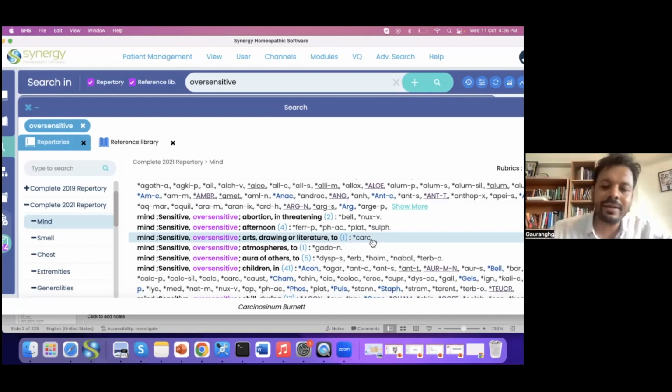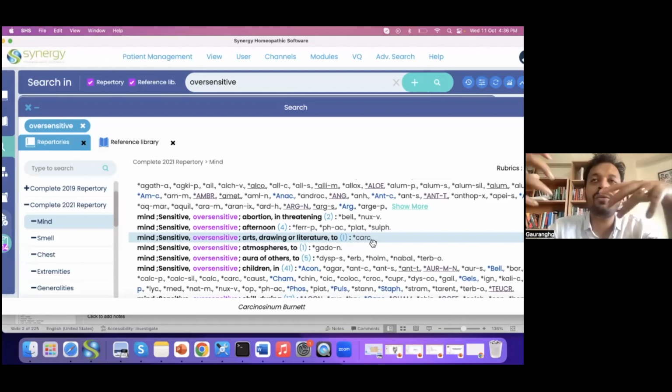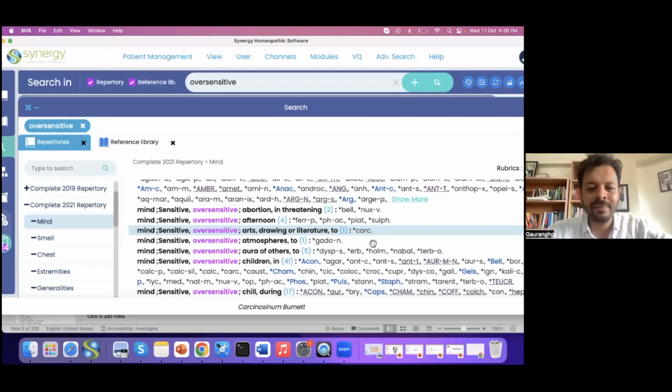They are all inside the museum trying to get the tickets to watch this brilliant art. They are all Carcinosin people. But a lot of people in Florence actually didn't go to the museum. They went there just to eat different types of pizzas and pasta. They were probably Medorrhinum. So just by understanding what a patient is very sensitive to, where they go, how they live their life, explains a lot about their inner patterns. Interesting.